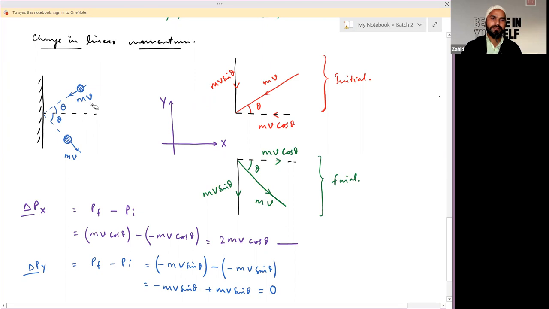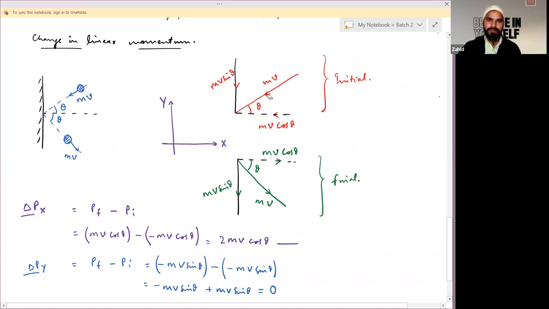Sabita, just see in this part, there is a wall on which a ball is striking with some momentum mv at some angle theta with respect to horizontal and gets reflected with the same angle and having the same momentum. So we have to find change in linear momentum in this entire process. So I have broken this into two parts, that is incident and reflected, initial and final as well.